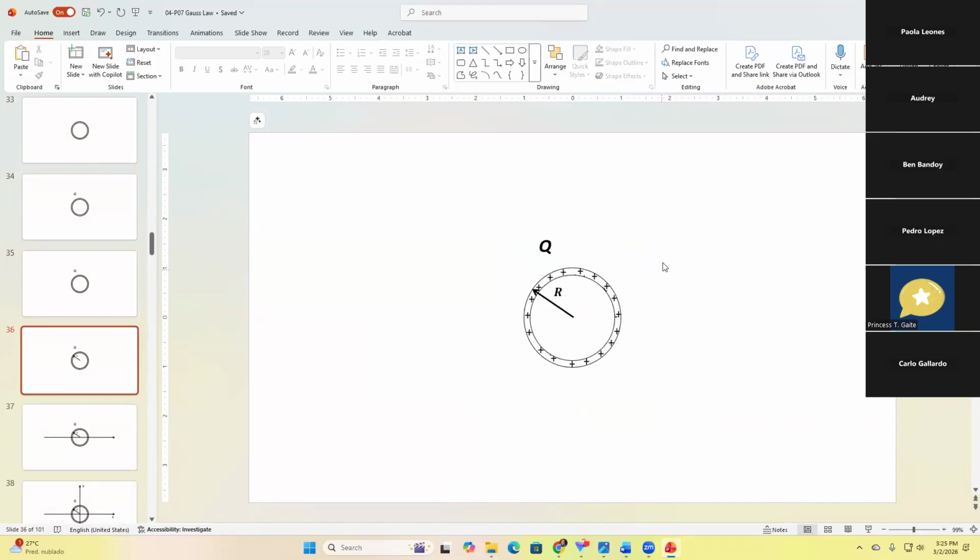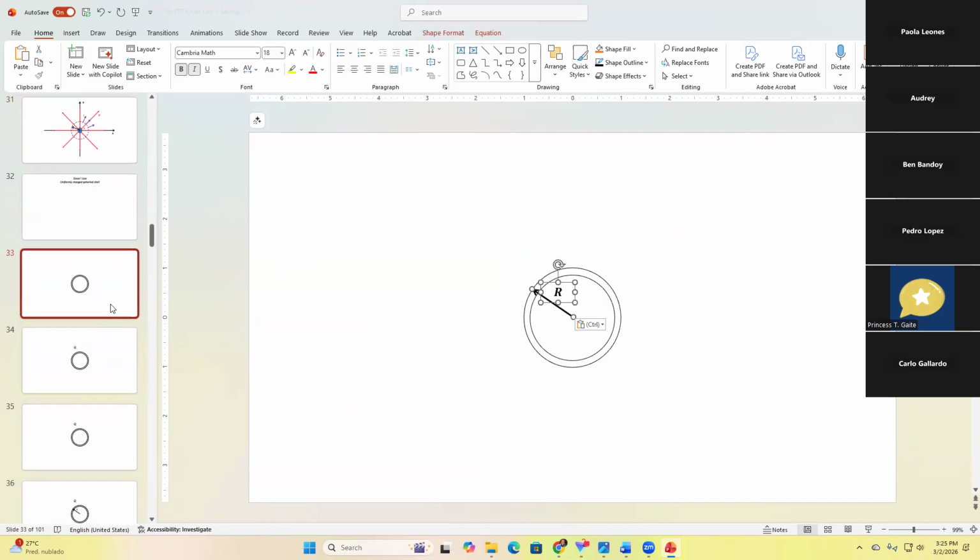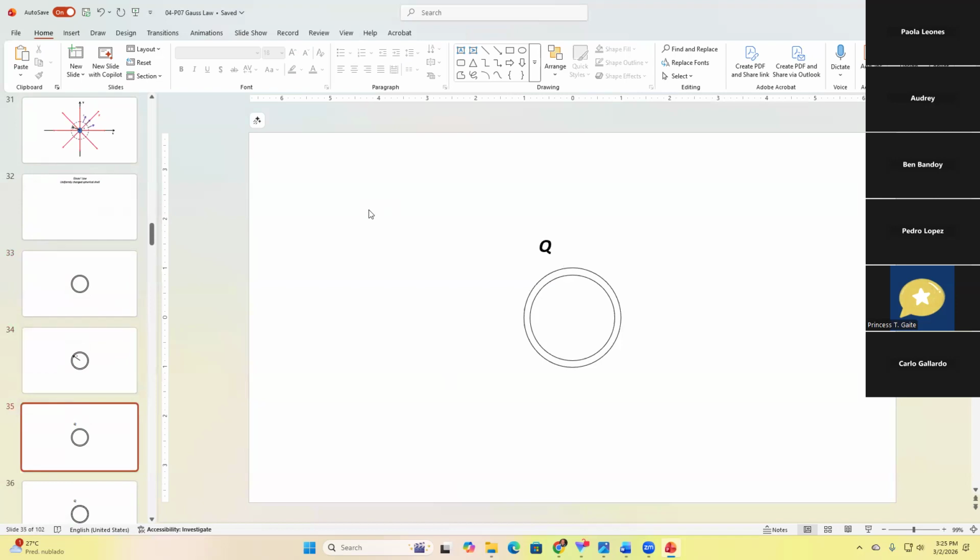I want to do the following. A sphere, a spherical shell with very thin walls, radius r, positively charged, charge q.